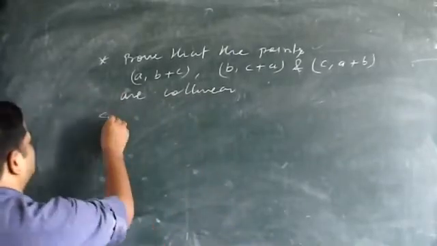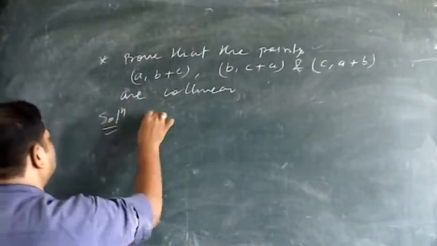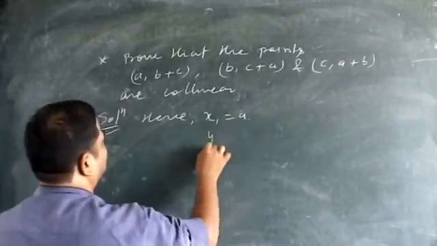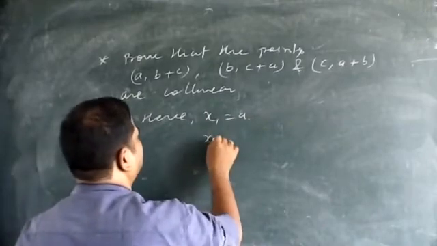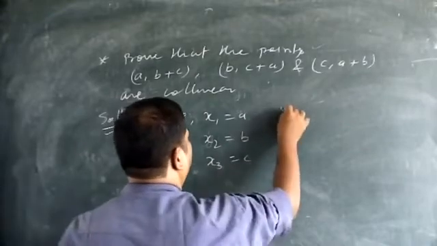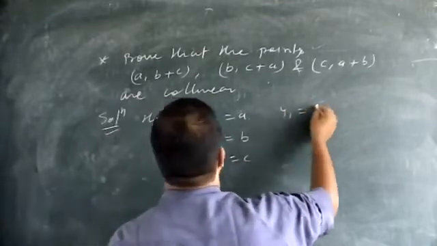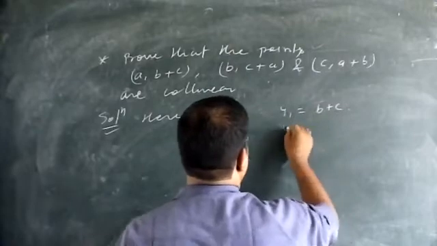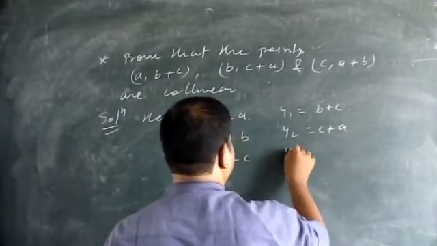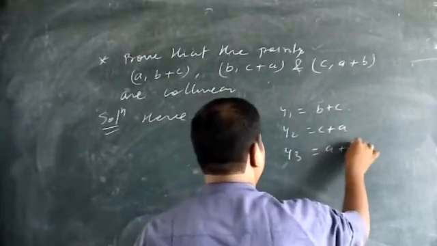So here, the solution. Here x1 is a, x2 is b, x3 is c, y1 is b plus c, y2 is c plus a, and y3 is a plus b.